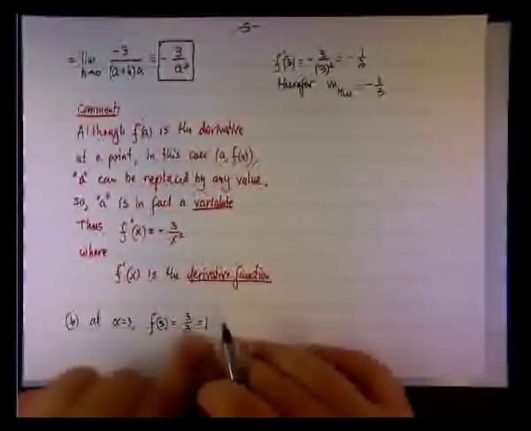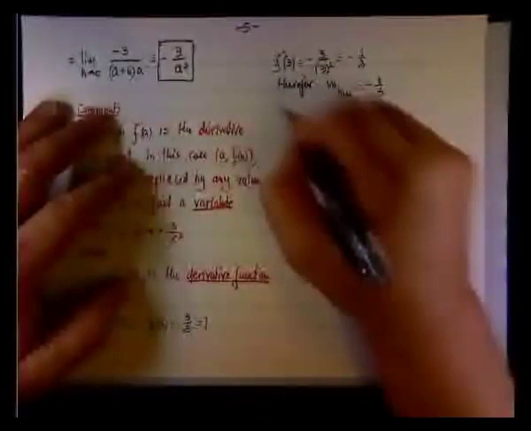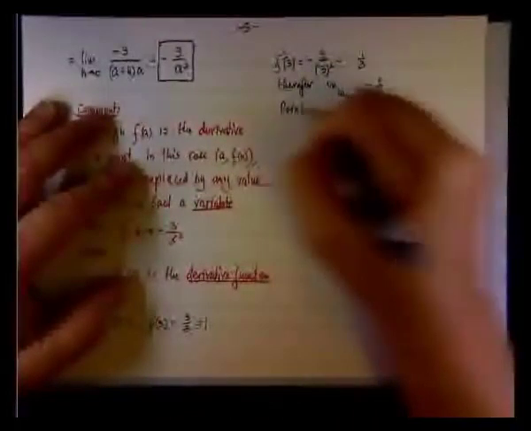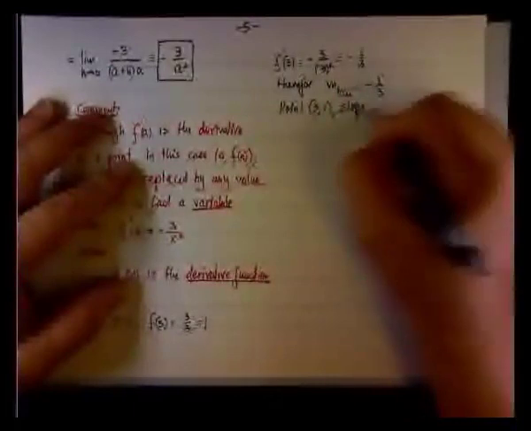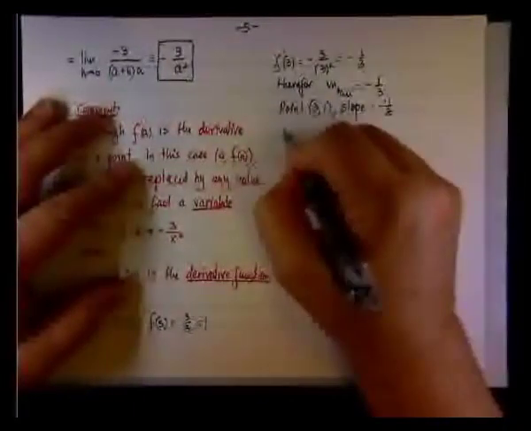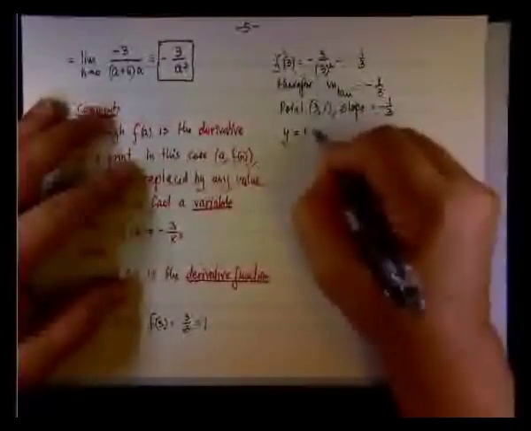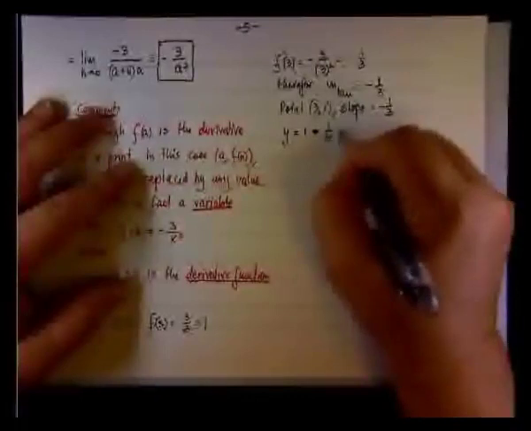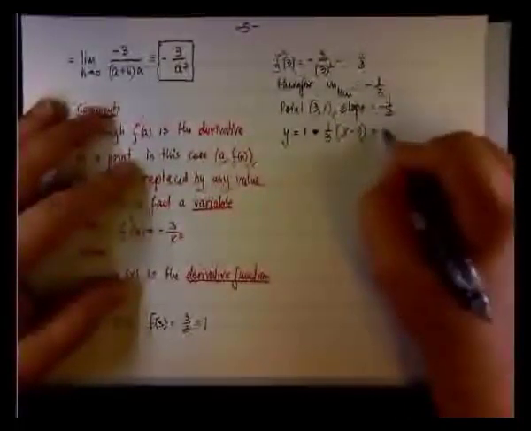So we have the point 3, 1, and the slope, which is negative 1 over 3. Therefore, y equals 1 plus or minus 1 over 3 times x minus 3, okay?